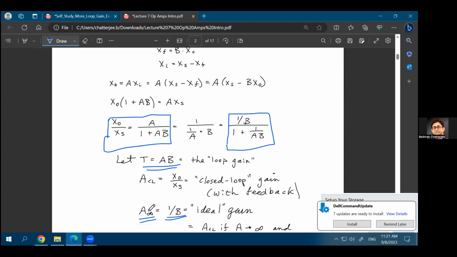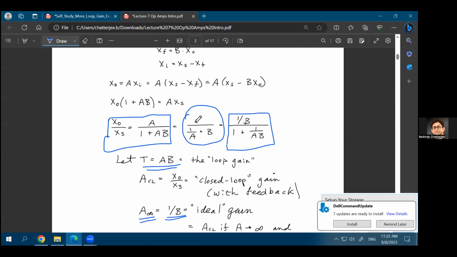What is A infinity? You assume your original gain of the op-amp is equal to infinity. That means this A is equal to infinity. So how would you represent the gain of the system when the A term is equal to infinity? You'll have an infinity in the numerator, and in the denominator you also have some infinity terms, so you cannot define it properly. So you divide the numerator and denominator by A, and you come up with this equation.